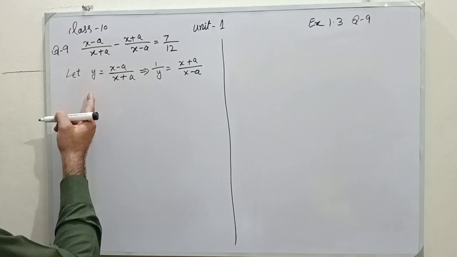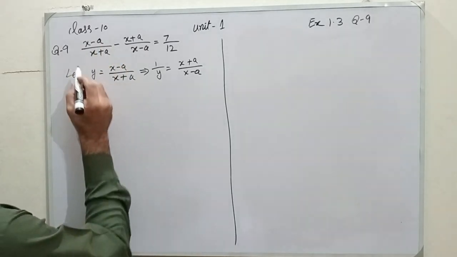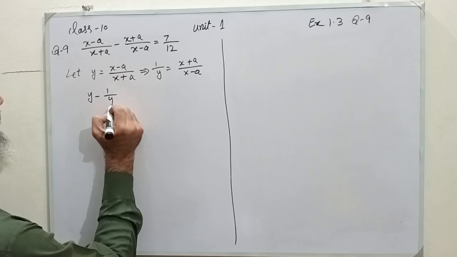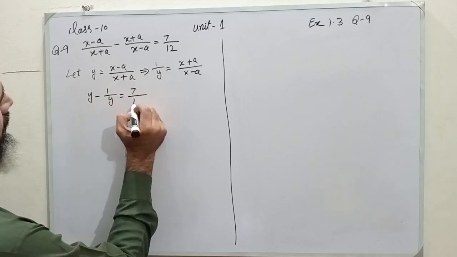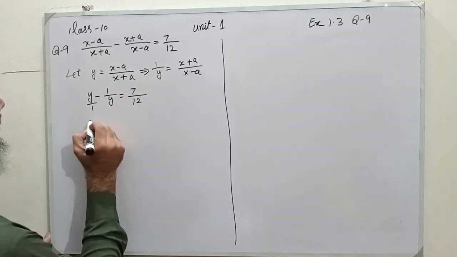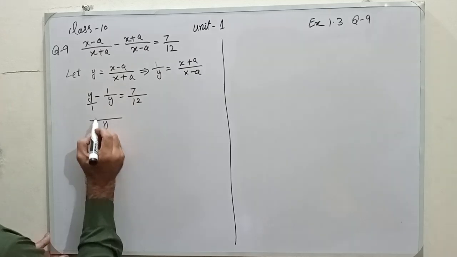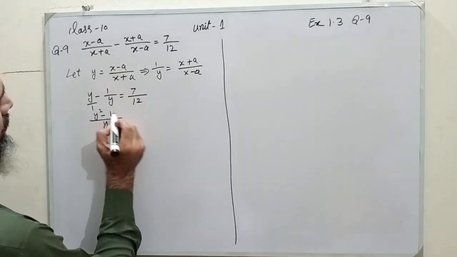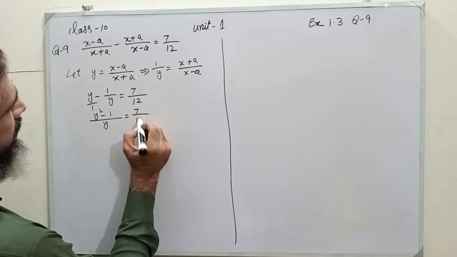So we'll put y here in this equation. So y minus 1 over y is equal to 7 over 12. You can say by using LCM, y square minus 1 over y is equal to 7 over 12.